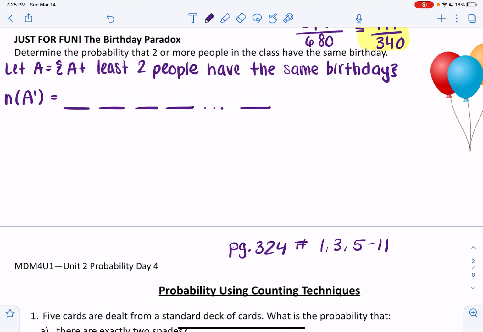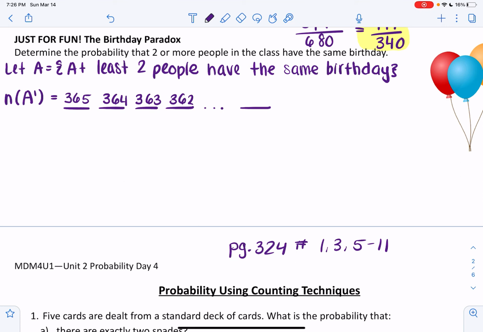So for the first person, there would be 365 options for them. Then for the second person, they can't have the same birthday, so there would only be 364 options. Then for the same reason, 363, 362. Then we would have 30 lines and you draw them all the way down.